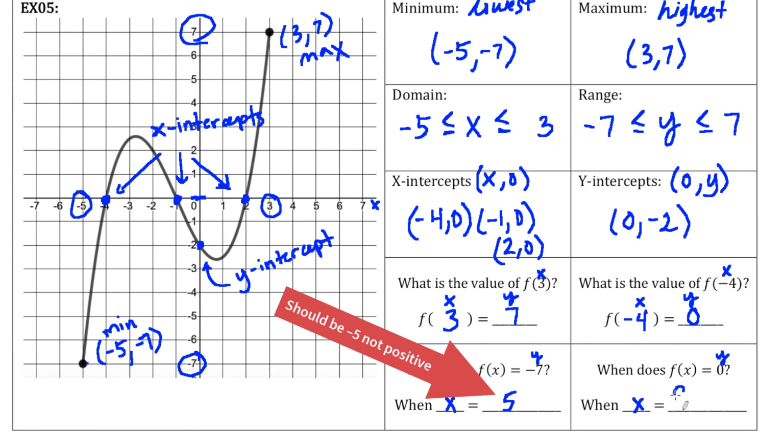So I want to put this like curly bracket. When x is negative 4, when x is negative 1, and when x is 2. When x is all of these, the y is 0.